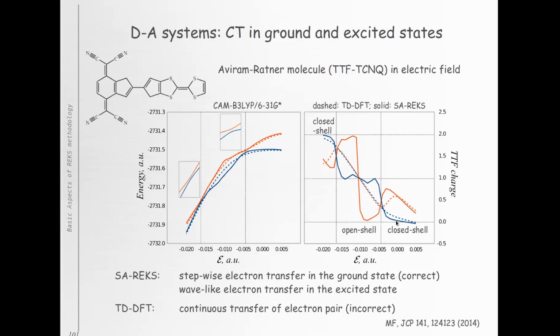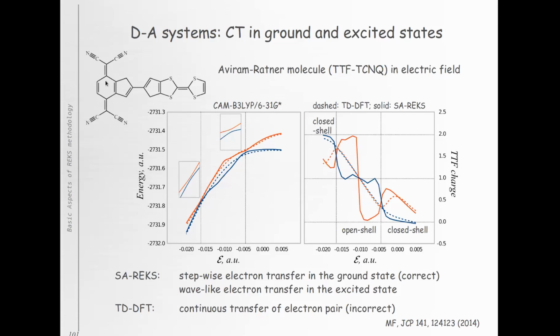But if we transfer one electron from donor to acceptor, we create a multi-configurational state. And this is indeed correctly described by the SSR methodology, with application of the electric field of increasing strength. On the ordinate, I show the charge on the tetrathiafulvalene unit.